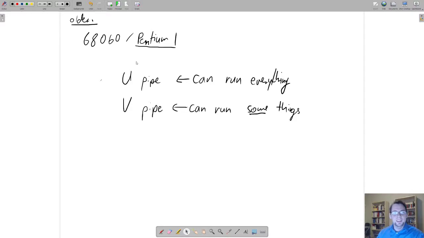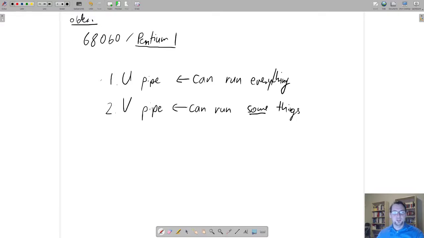The rule in these kinds of architectures is that whenever something goes wrong in this pair, and these things happen simultaneously, the idea is always that you execute first the U pipe instruction and second the V pipe instruction in separate cycles.